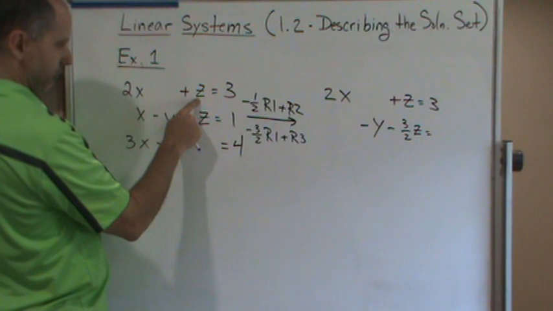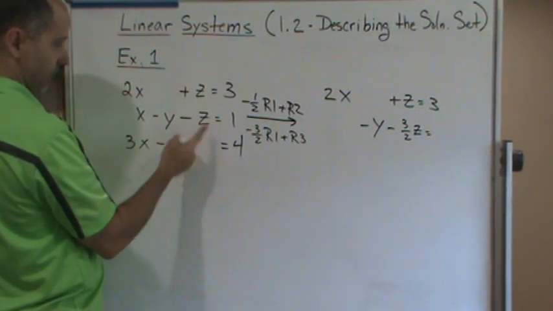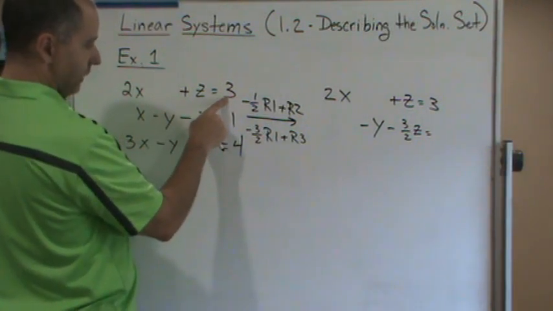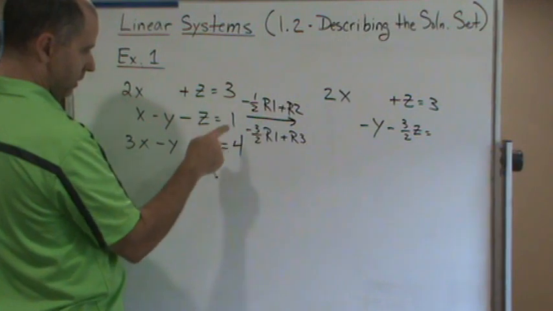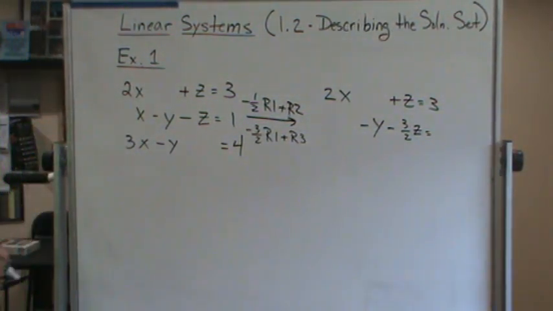So negative 1/2 minus 1, yeah, so minus 3/2, and then this is going to be a negative 3/2 plus 1, which is going to be a negative 1/2.